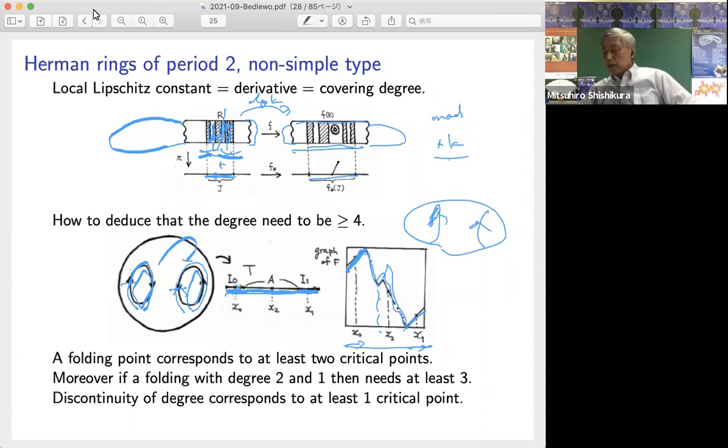So look at how critical points are distributed. For example, here you have a folding point for the tree. So this segment and that segment are folded, so that they are mapped to here. That corresponds to the inverse images here. But what is the folding point on the tree in the original sphere?